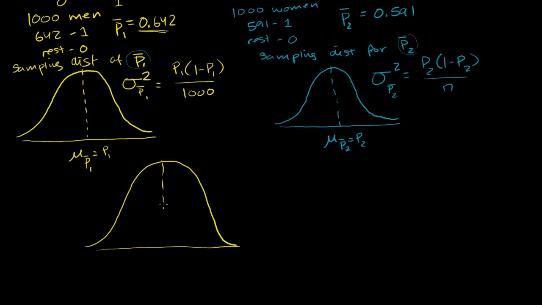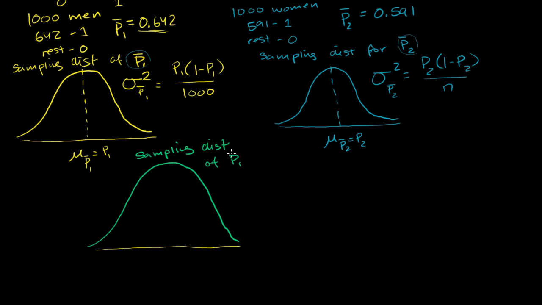It will have some mean value. I should do this in a different color. I'll do it in green. Yellow and blue make green. So I'll call this the sampling distribution of this statistic of P1 minus P2.